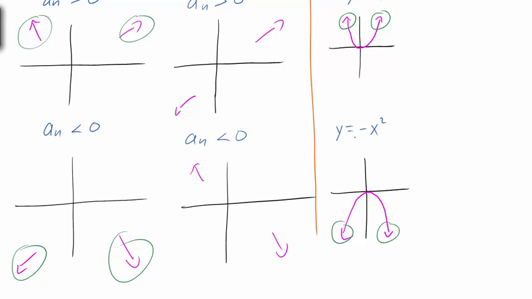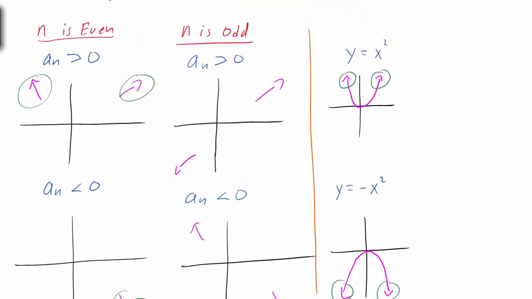So I just like to think of if we have an even exponent and it's negative, I know that the endpoints are going to match with negative x squared, so the endpoint is down left and down right. And then we can also compare this to y equals x cubed. I know by now we know the graph of y equals x cubed. It's the graph that has the little bend in the middle here.